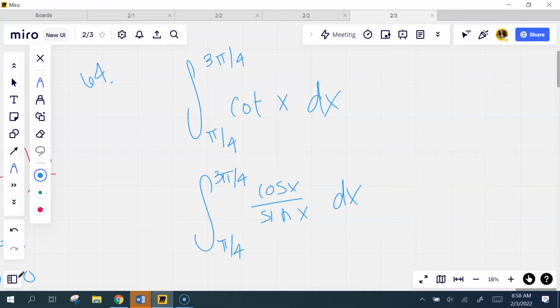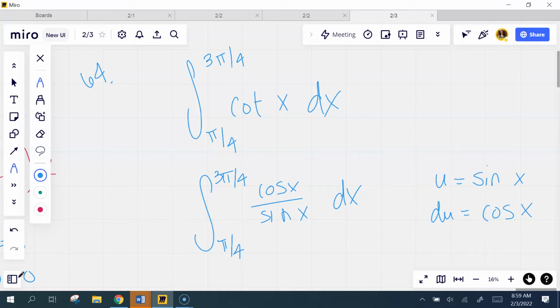Could you do this if you let u be cosine x? Yes, you could. You just have to do negative.